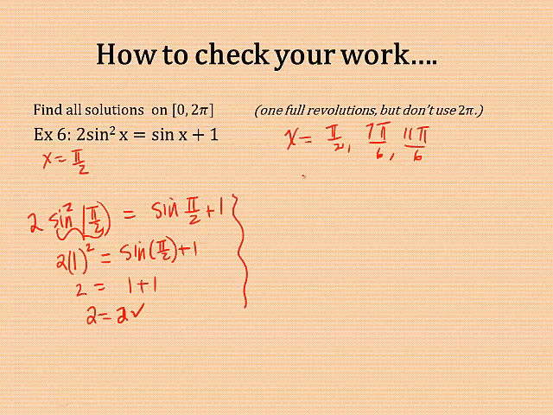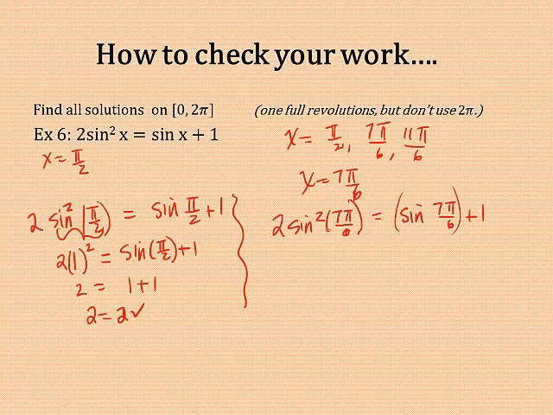Okay? What about if it was the 7 pi over 6 angle? All right, the other side of the equation. So it would be 2 sine squared of 7 pi over 6 equals the sine of 7 pi over 6 plus 1. All right, so we got to get a value here first before we square it. So what is the sine at 7 pi over 6?